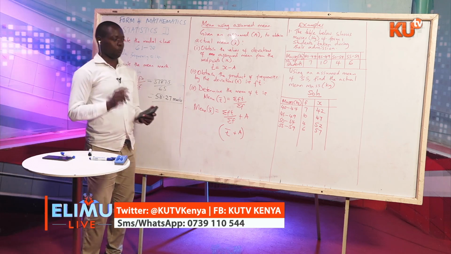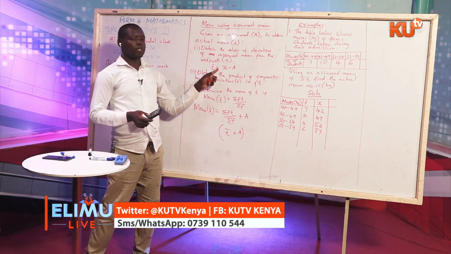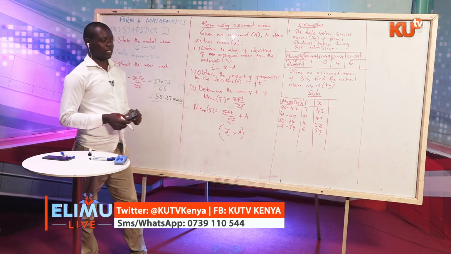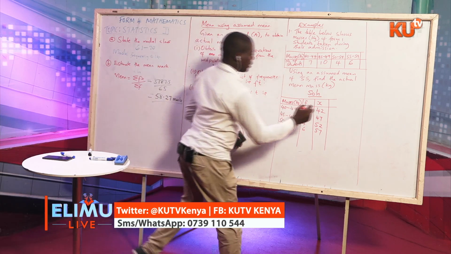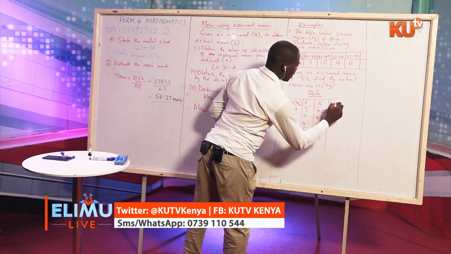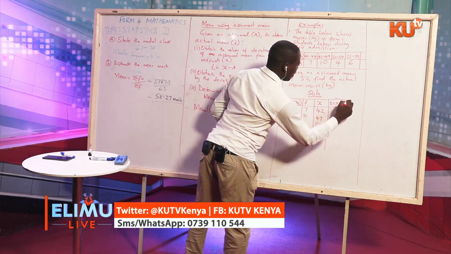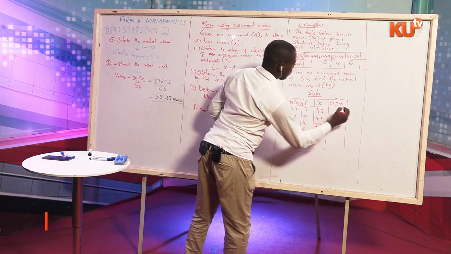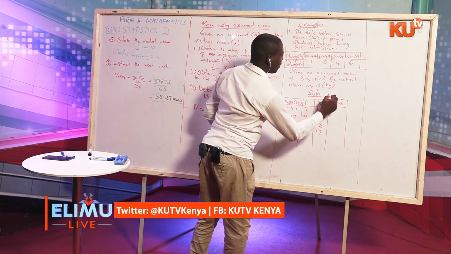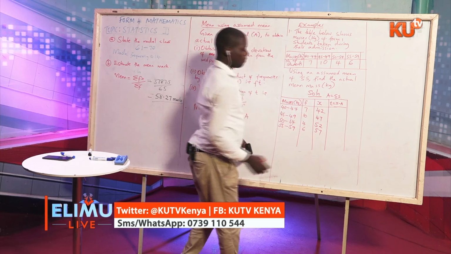Step number 2, we need to obtain t, the deviations. So we shall say our t is x minus assumed. Remember, our assumed is given in the question as 55.